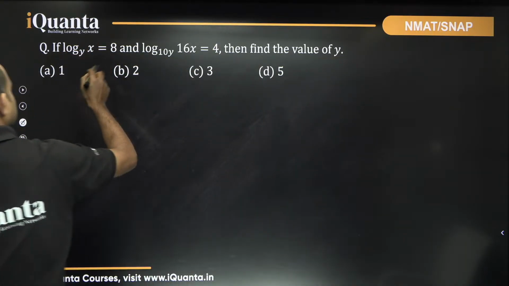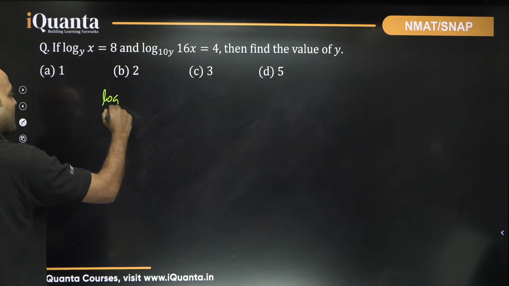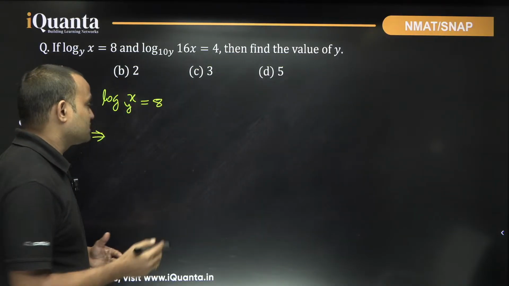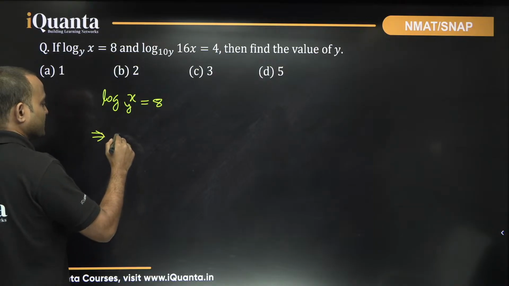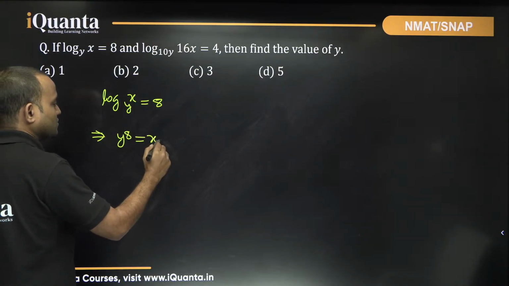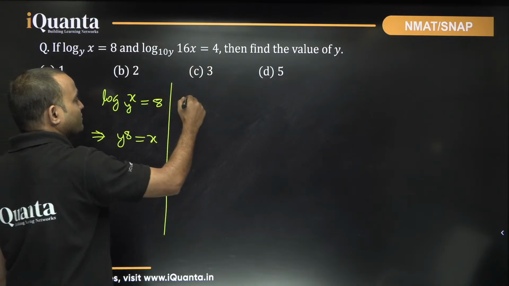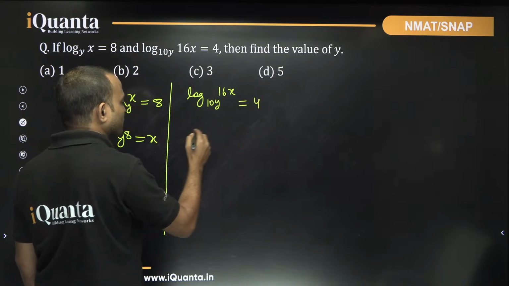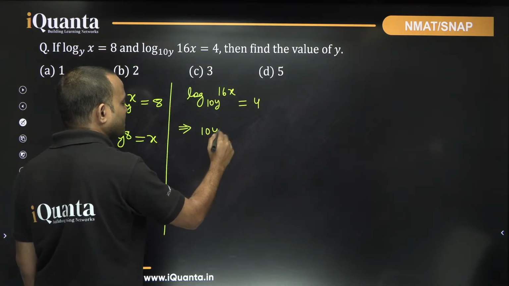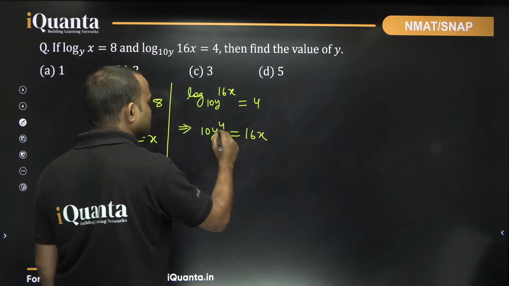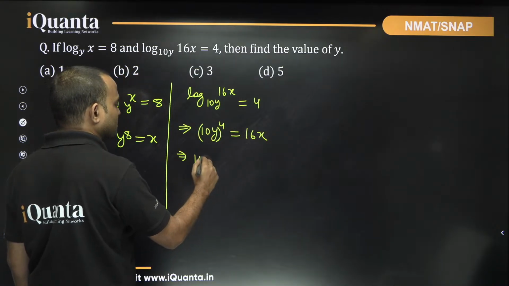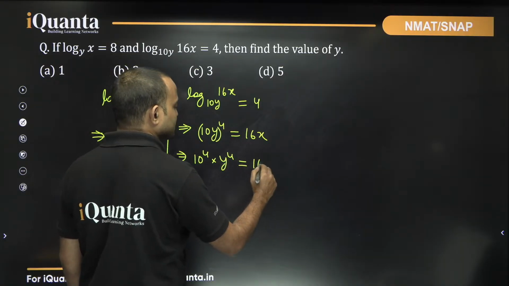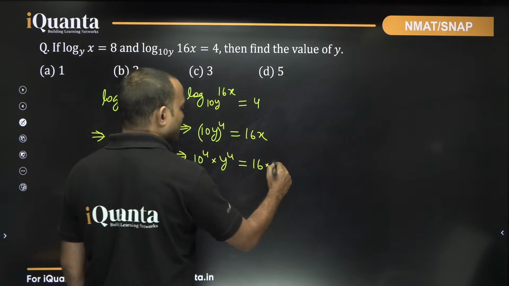So if you solve this, can I say that log x to the base y is equal to 8? If you want to remove the log, just exchange the position of x and 8, we can say y to the power 8 is equal to x. From there again we can say log 16x to the base 10y is equal to 4, or we can say 10y to the power 4 is equal to 16x, and that will be equal to 10 to the power 4 into y to the power 4 is equal to 16 into x, which is y to the power 8.